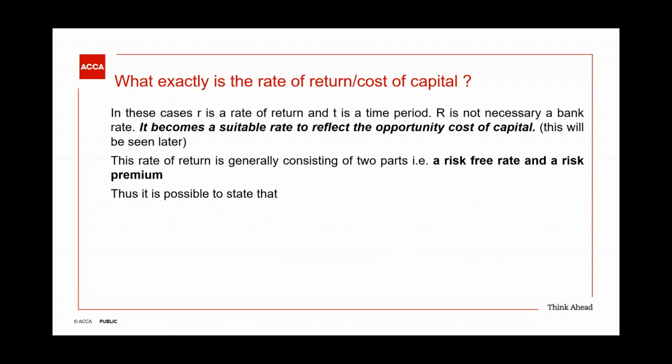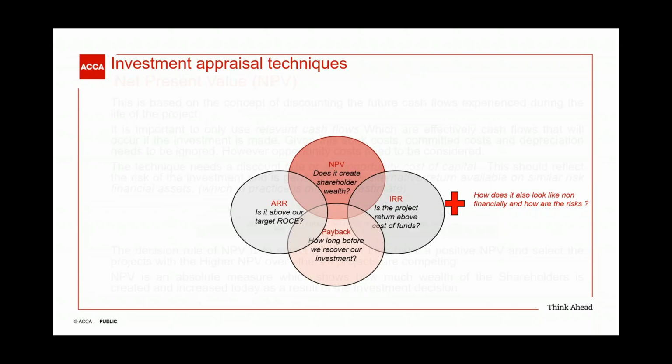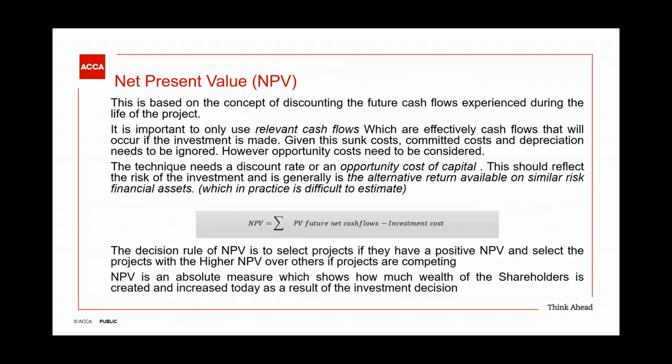So when we do net present value, we simply take the present value of the future cash flows, and you can either subtract the investment cost, or add it if you're considering the cost as a negative figure anyway, and that gives you the net present value.